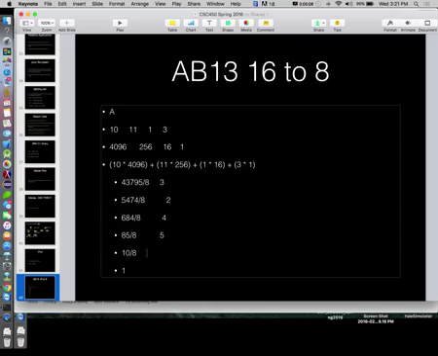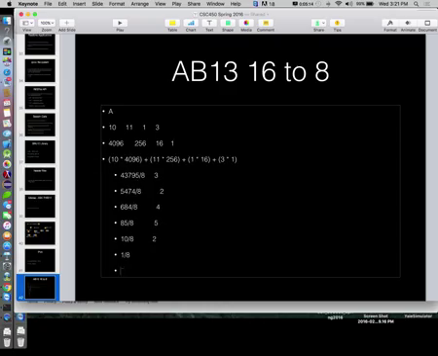Remainder 2. 1 divided by 8 is 0. Remainder 1. Final answer is 1, 2, 5, 4, 2, 3.